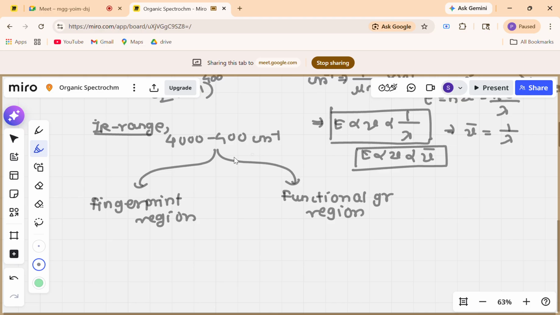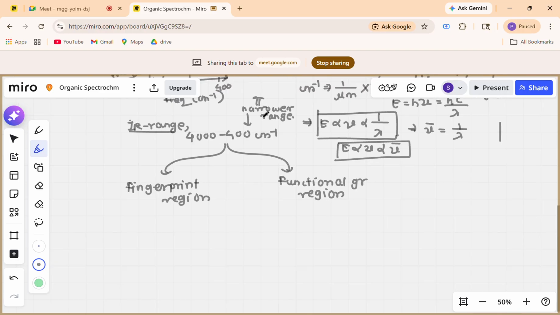As you can see, this range 4000 to 400 centimeter inverse is a very narrow range, right? Hence a lot of overlapping of peaks will be observed.